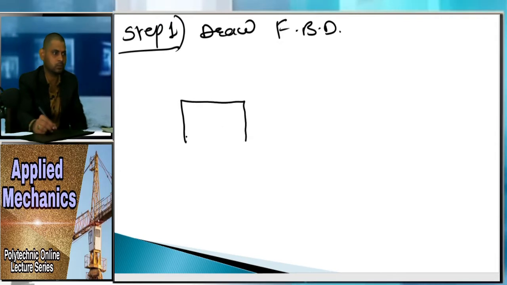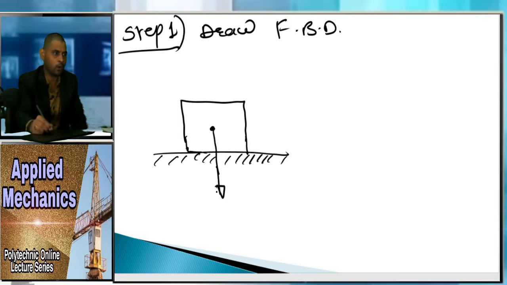This is our body resting on the horizontal plane. After that we have the self weight of the body, that is W, which is not given to us, we have to find it out. And the normal reaction is always upward. This is the normal reaction.